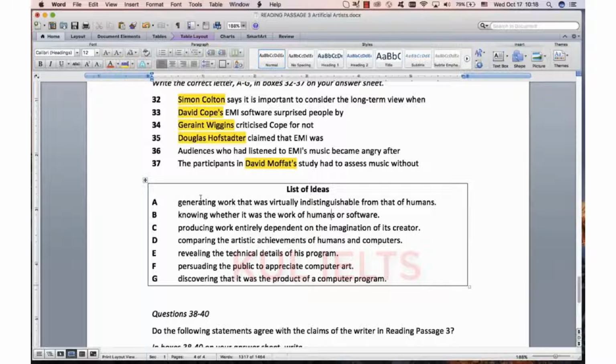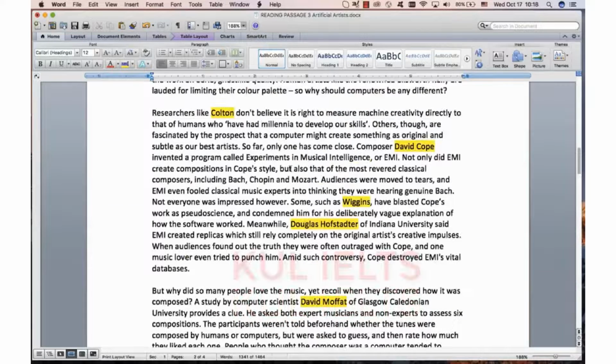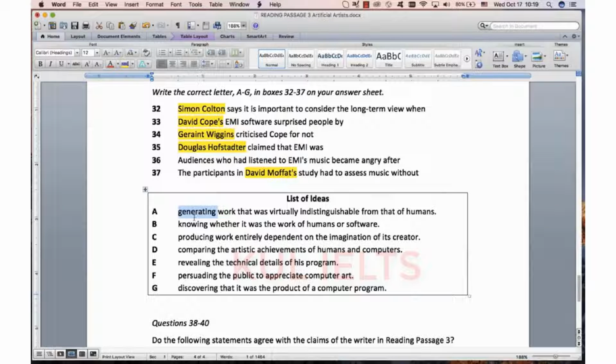Now, the important thing in this particular question type is these verbs. You need to know what these verbs mean and who did them, and that will help us to find the answer. So what verb are they using in this? We shouldn't measure machine creativity directly to humans. I want to focus on that. Measure directly to. Generating, it's not generating. Measure is not generating.